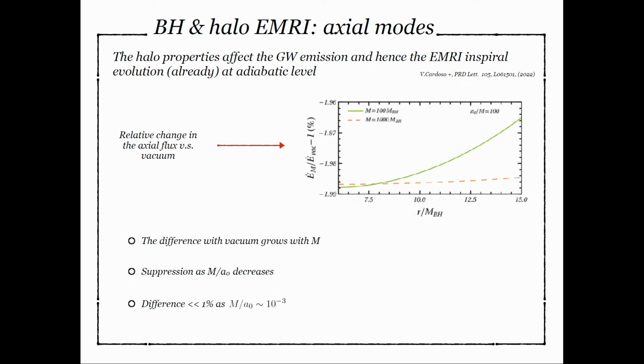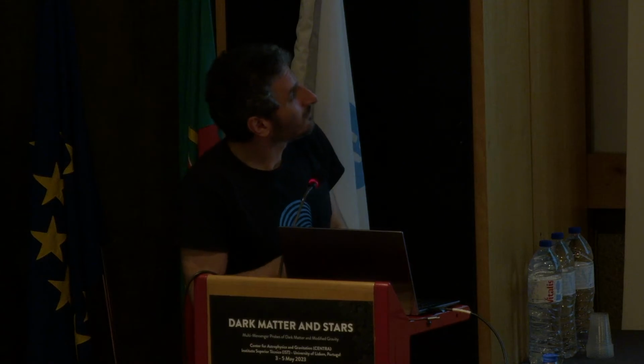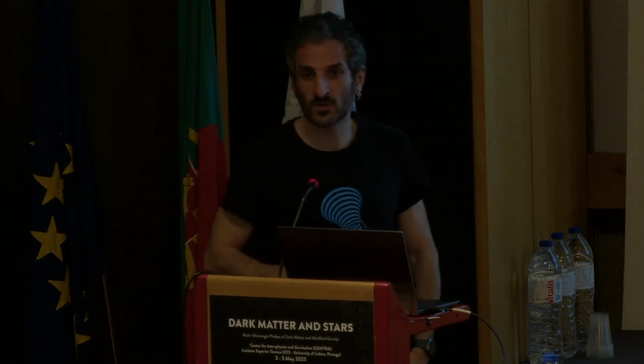Then you compute the energy emitted by this particle. This is the l = 2, m = 1 mode, for different halo configurations, and this is the relative difference between the vacuum and non-vacuum prediction. It looks like a small number, like 1%, something like this.